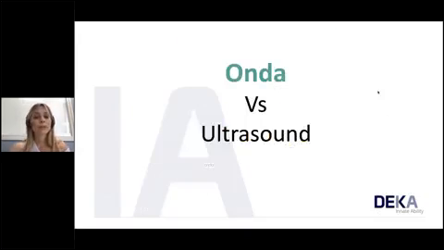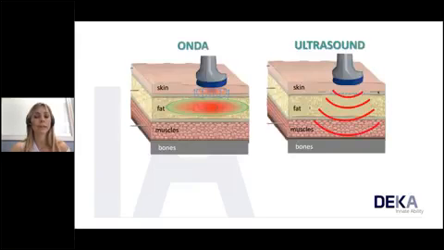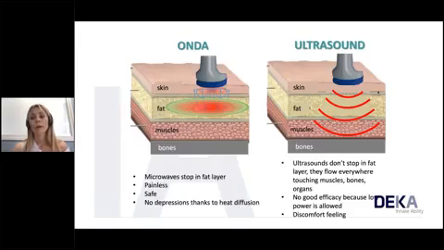Let's see the comparison with ultrasound. Ultrasound is able to heat the fat, but in reality is able to go over, so to heat muscles, to heat bones. So we normally have to use, well, low power.